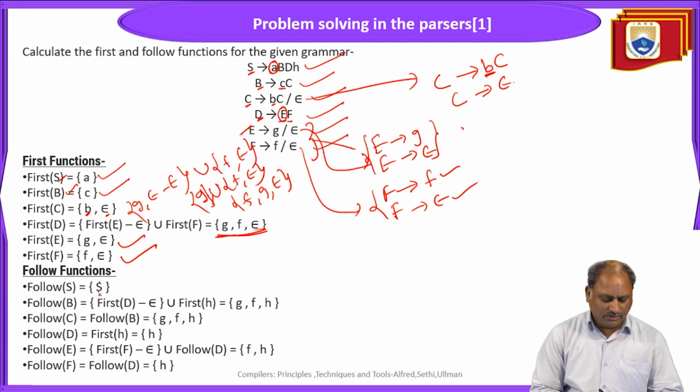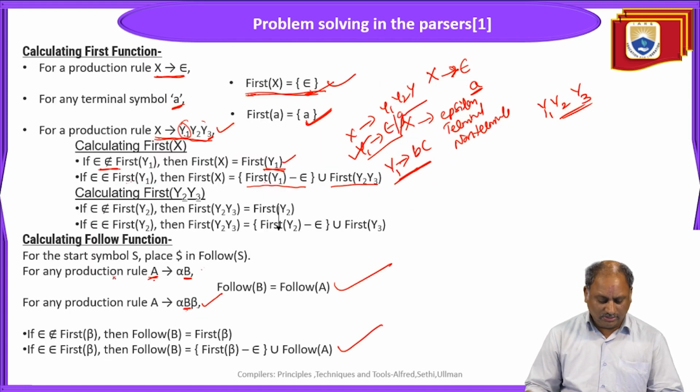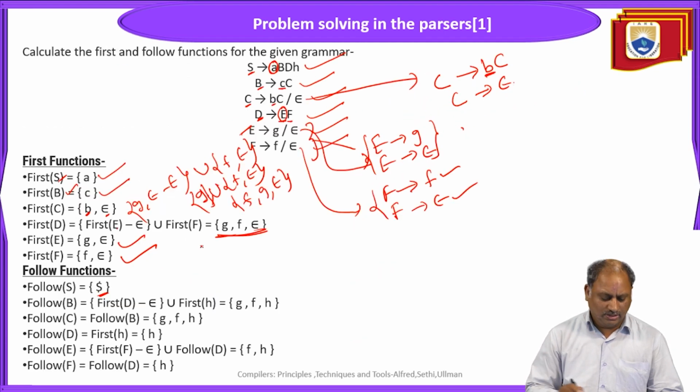And whereas for follow functions, we apply this dollar. Why? Because at the initial, if the start symbol is S, that means the root node, which is first and foremost, then we have to include dollar. So S is the start symbol, so we have to include dollar. What is follow of S?